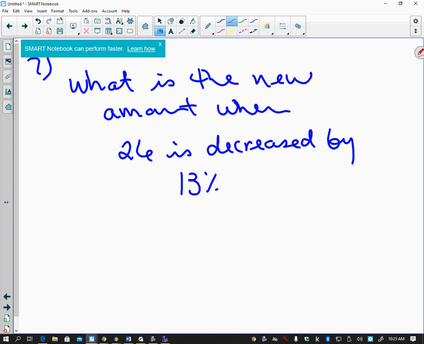What do I do first? Put it in a proportion. Okay, that's one way of going about it. Tell me about that, Blayton. What are you going to do? 13 over 100. Okay. Equals, then 26 is x. Okay, so you got 26 times 13 equals 100x.